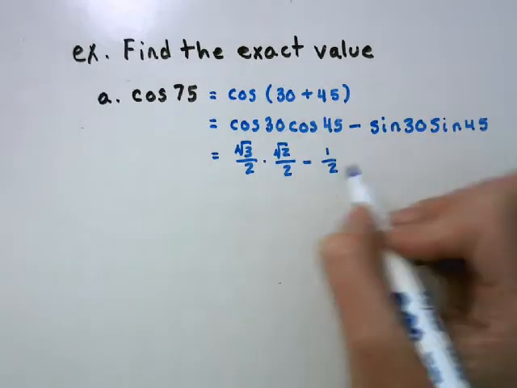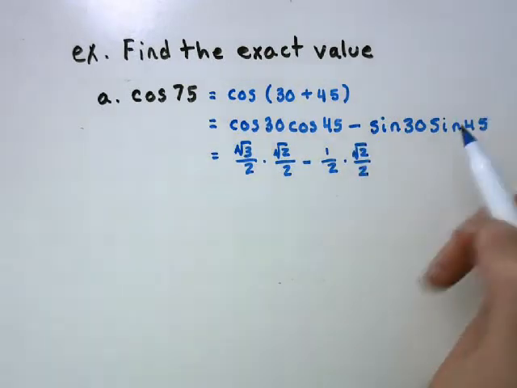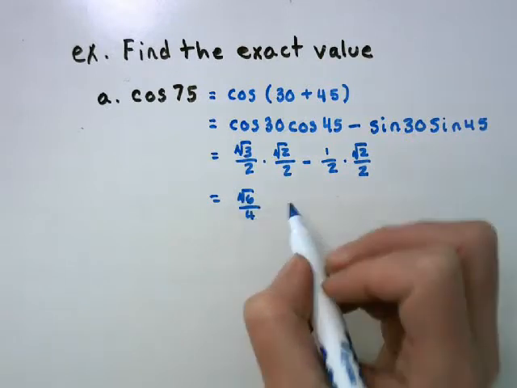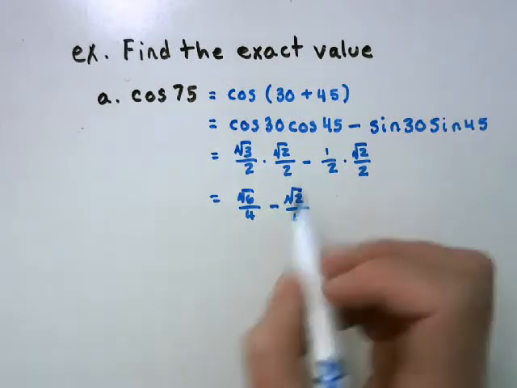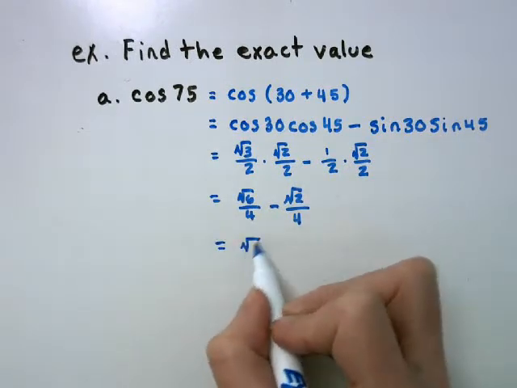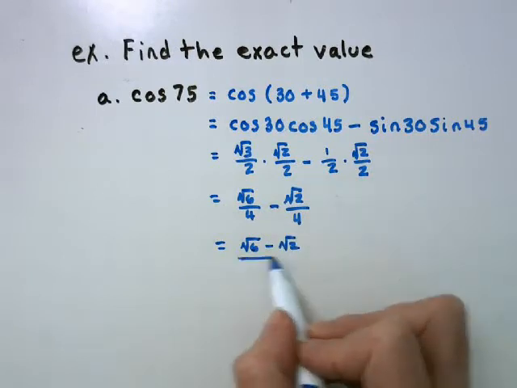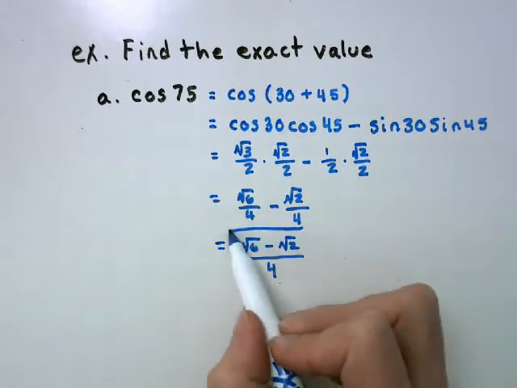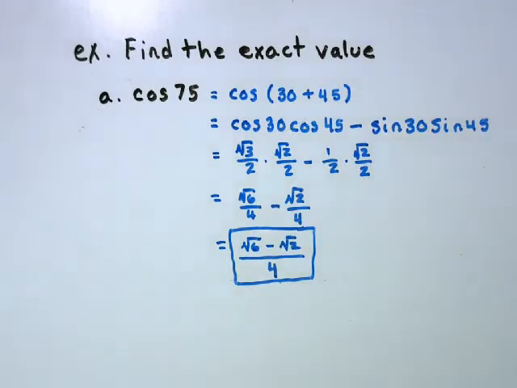Sine of 30 is 1/2. Sine of 45 is also root 2 over 2. So this is going to be root 6 over 4 minus root 2 over 4. We can't do anything about combining root 6 and root 2, so those just stay like that, all over 4. So the exact value, it's not super pretty, but the exact value of cosine 75 is root 6 minus root 2 over 4.